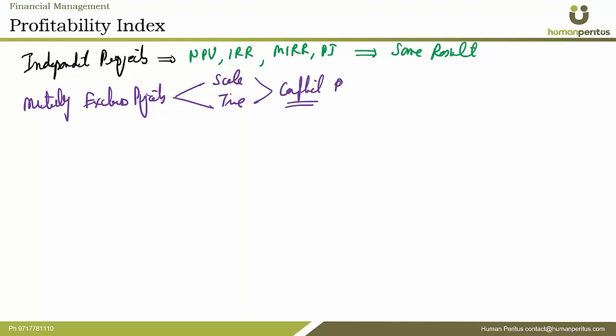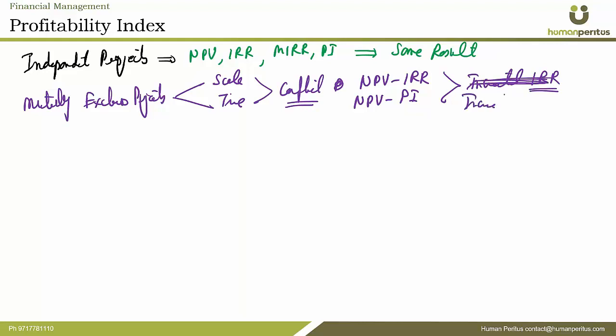This conflict can be between NPV and IRR, and it can also be between NPV and profitability index. If there is a conflict, what do we do? We use the method of incremental IRR, which uses incremental cash flows. Based on these incremental cash flows, you calculate either incremental IRR or incremental PI, and then you make your decision.